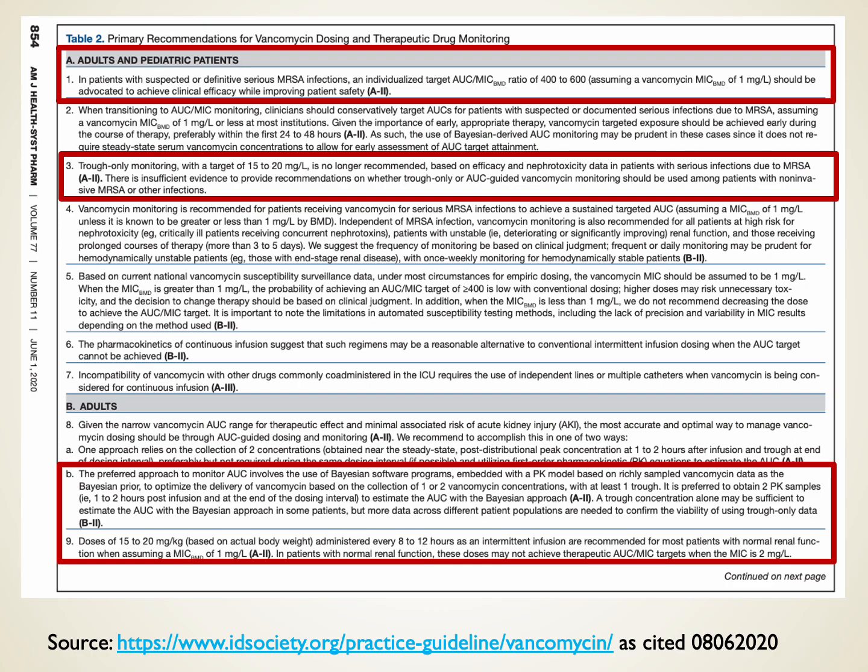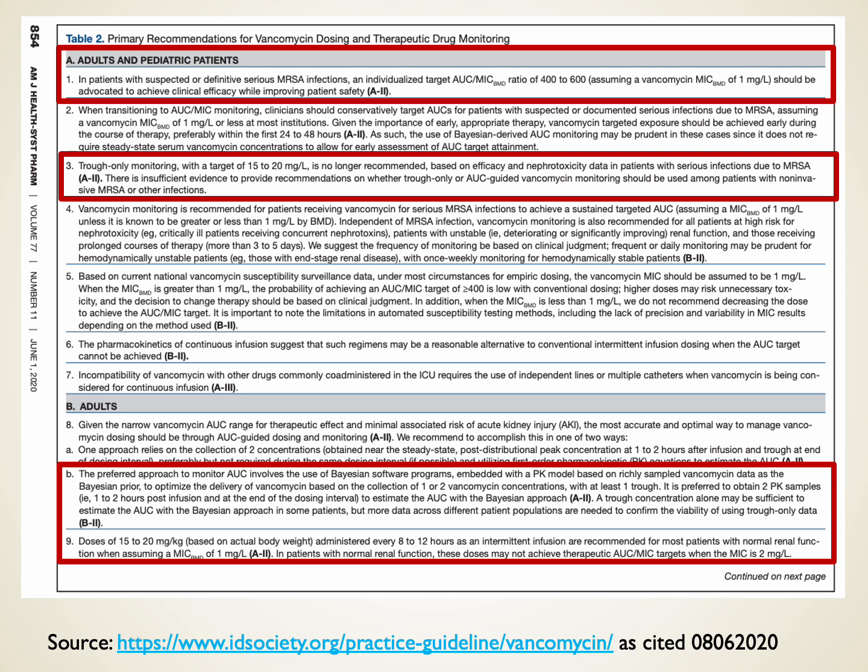So one of the big recommended changes in these guidelines, and I know this is fairly small print, is that we're really transitioning from just looking at peak and trough or trough levels of vancomycin to estimate what the appropriate dose is, to instead look at the ratio of the area under the curve to the minimum inhibitory concentration for vancomycin and how we dose it.